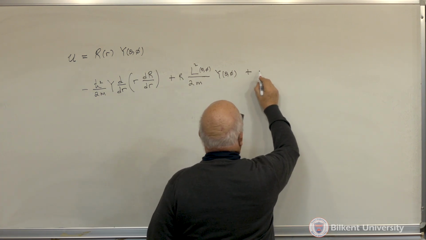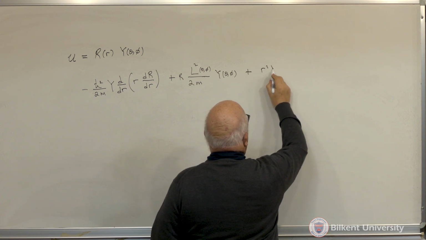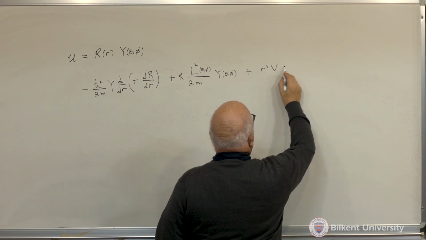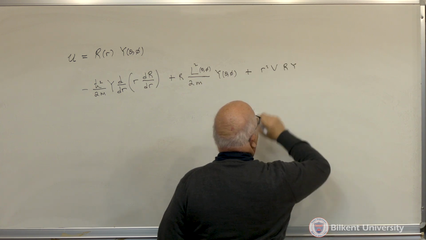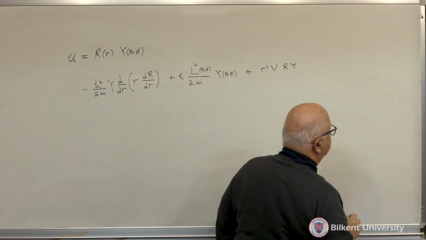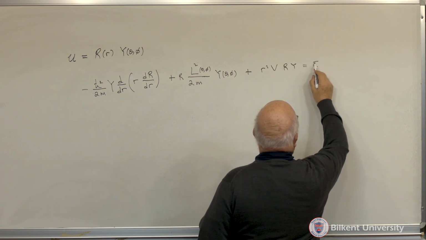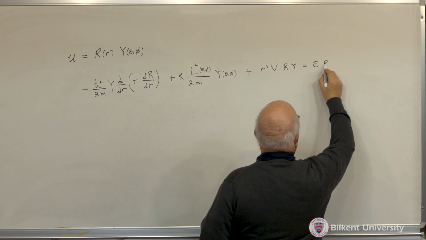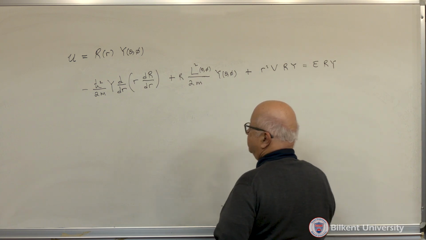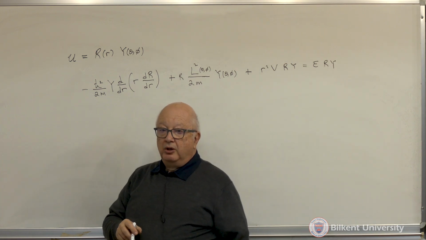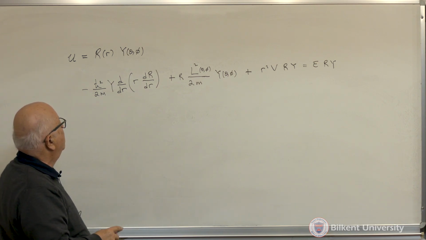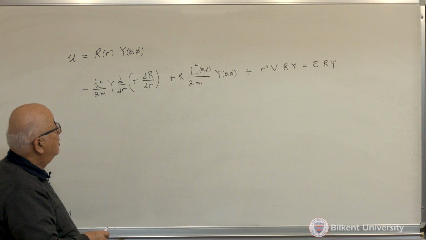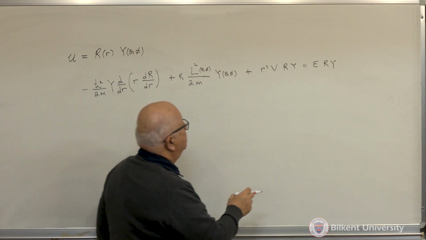Then plus r squared V times R times Y is equal to E times R times Y. So I now divide everything by R Y. Yes. Don't we need to multiply with r squared as well? Yes, thank you.